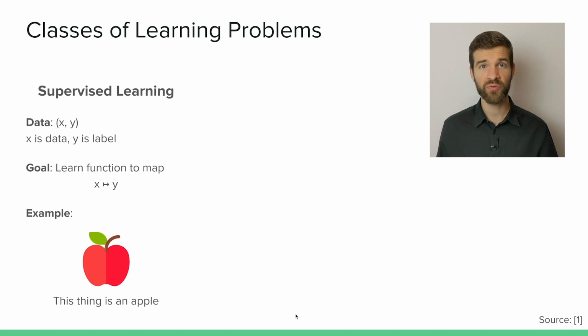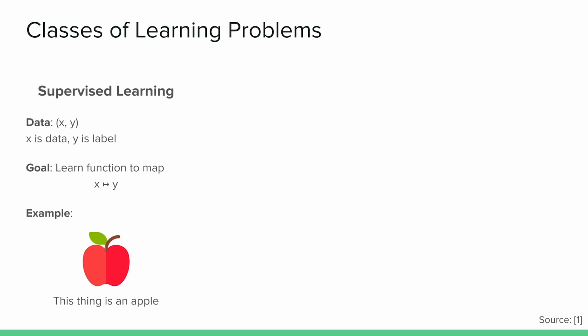So the goal of machine learning now is to take X and learn this mapping function that maps it onto Y. For example, we show it an image of an apple and it learns to say, this thing is an apple.